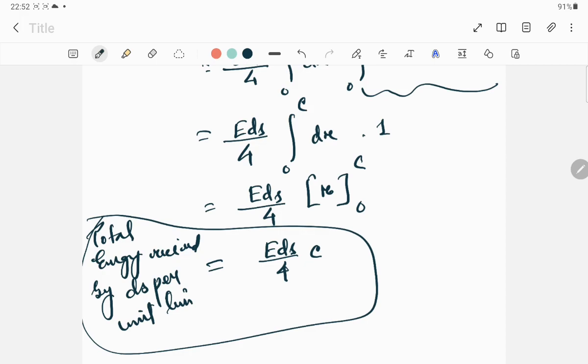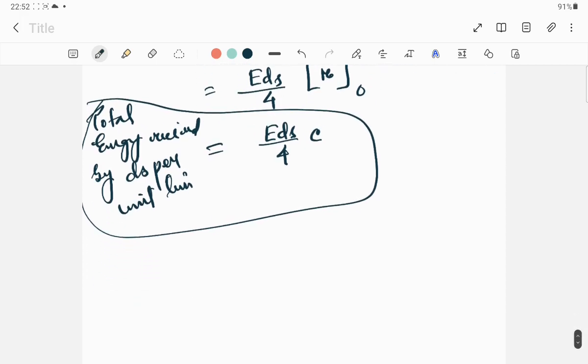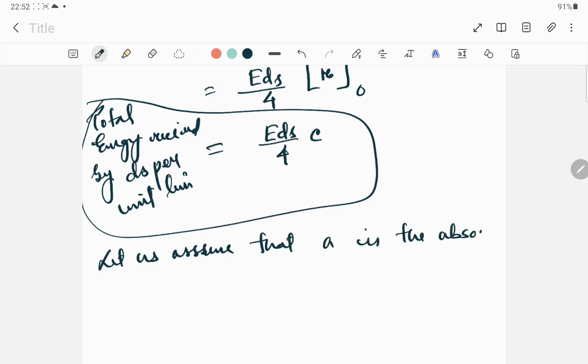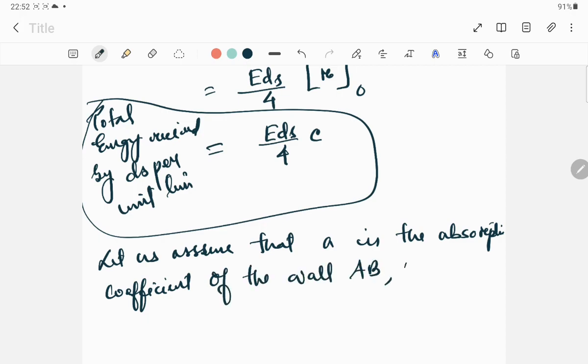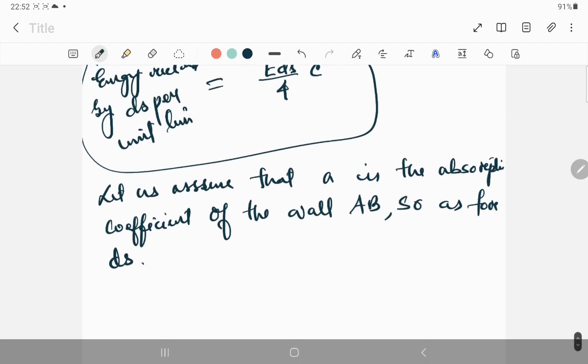Now let us assume that A is the absorption coefficient of the wall AB, so as for ds.